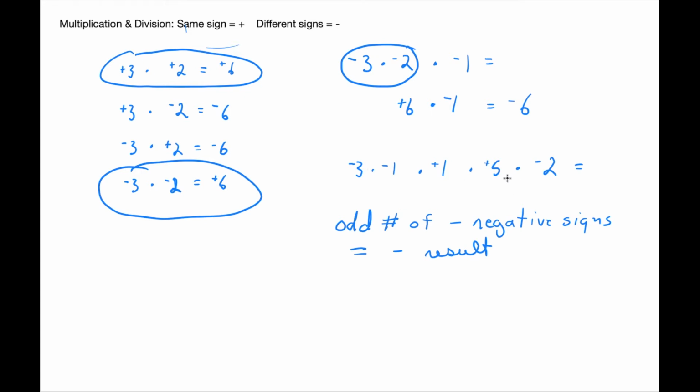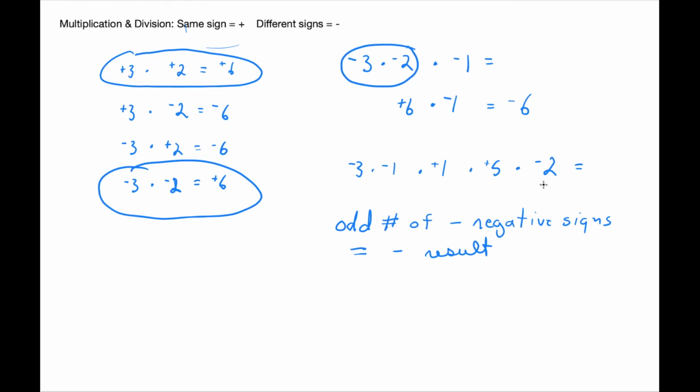Because it doesn't matter what order you do it in. You could do all the negatives last. You could do all the negatives first. You're still going to end up with a negative number if you have an odd number of negatives. Because at some point, two of the negatives are going to pair together, and that last little negative is going to be by himself, and he's going to change it for everybody. You only need one negative number. One is an odd number, by the way, in order to have a negative result.